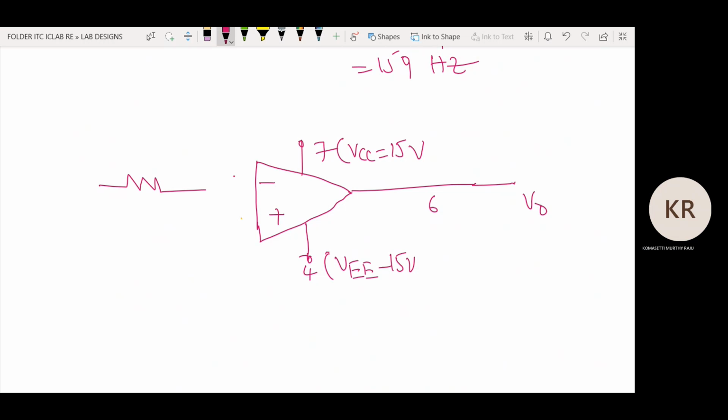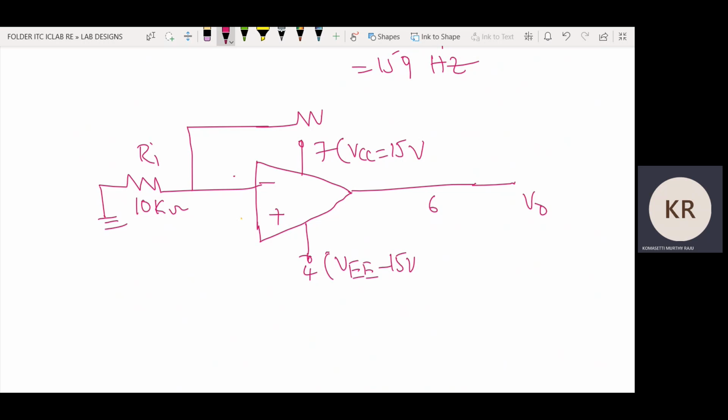Here ground and RI. RI is 10 kilo ohms. Here one potentiometer is used, and that potentiometer is RF. A 22 kilo ohms potentiometer will be selected.